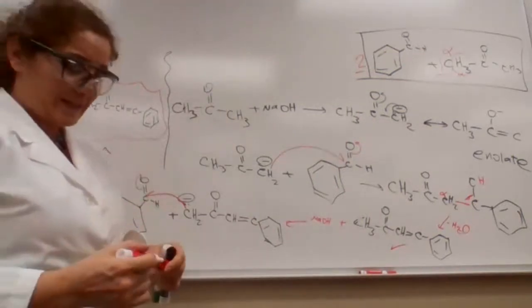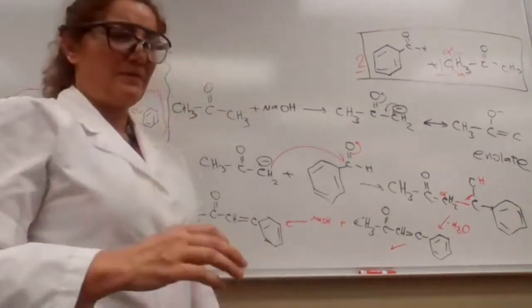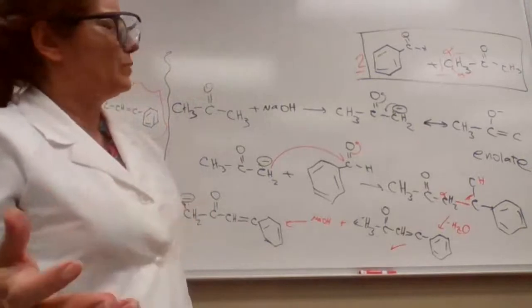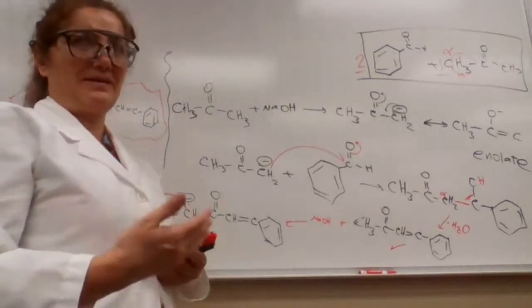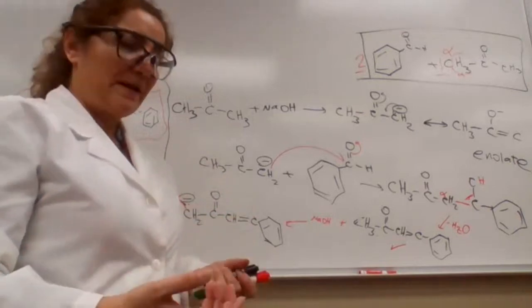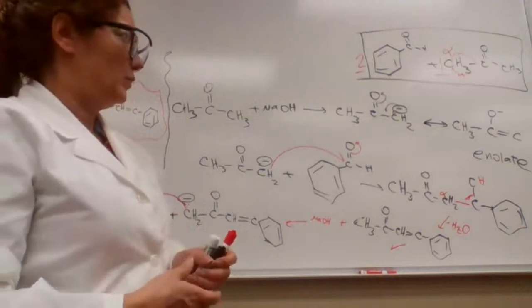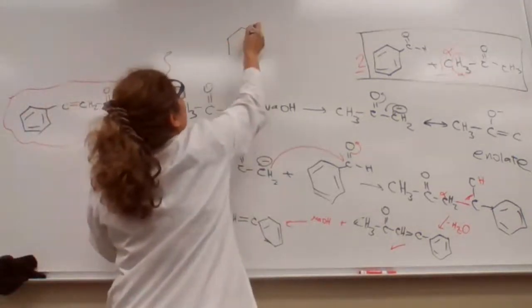But we are using in this experiment a slightly more than 2-to-1 ratio. And the reason we are using more than 2-to-1 ratio is that benzaldehyde, if it's left in the bottle, if the bottle has been opened or if it's been purchased for a long time, can be air oxidized. And when benzaldehyde air oxidizes, it would change to benzoic acid.